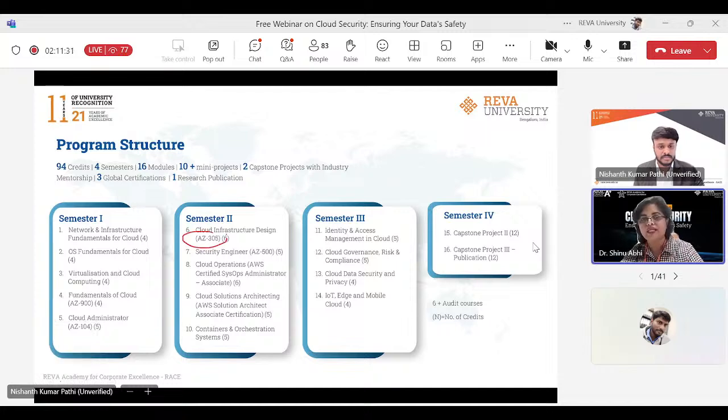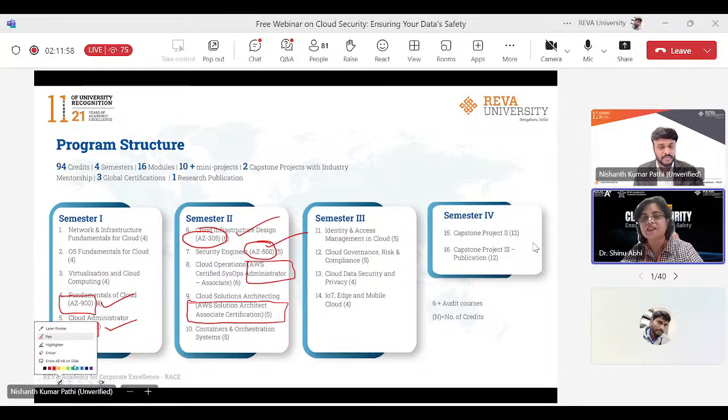What you would also get is a series of programs around certifications. Along with the master's degree, you will also get 6+ certifications. If you see the Azure track, starting from fundamentals of cloud, AZ-900, moving to administrator AZ-104, and then infrastructure design AZ-305, plus security, which is AZ-500, is covered under Azure.